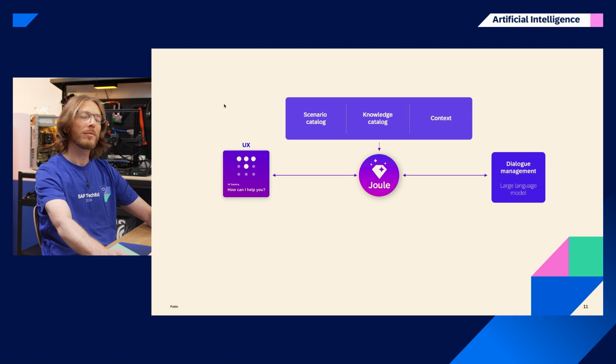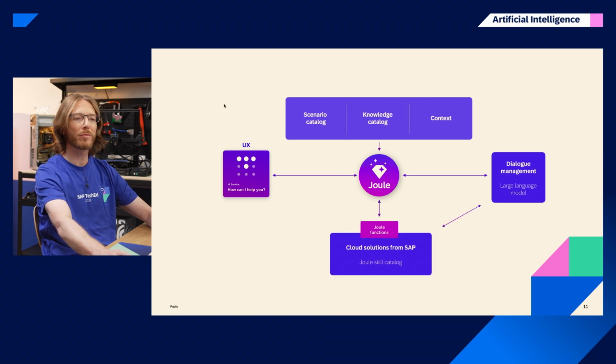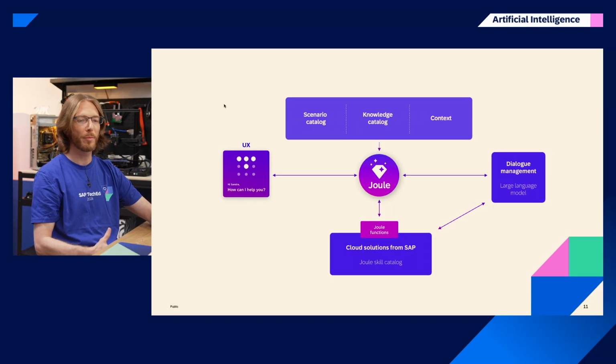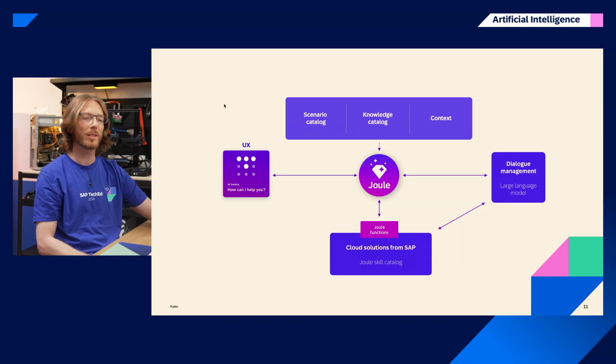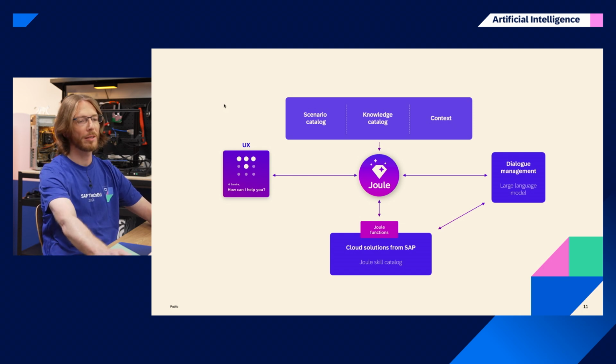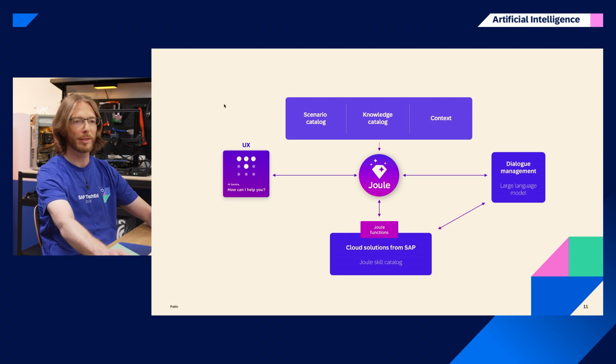This first-hand information then retrieves the right Joule functions with the right Joule skills from our scenario catalogs. Either we enrich this information again with large language models, or we can directly form a response and send this back via our Joule GenAI copilot to the end user. And soon in our demo you will see how all that works together.